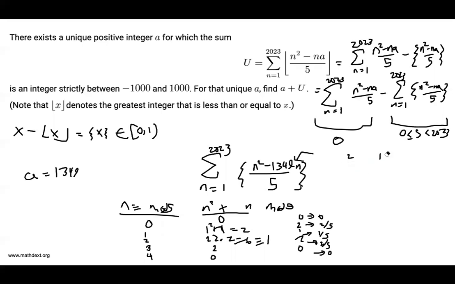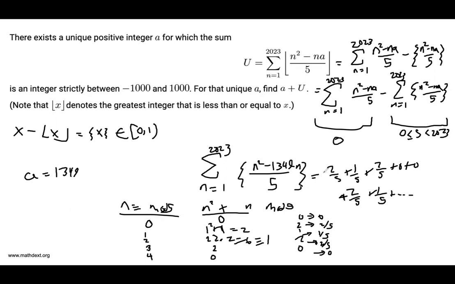And therefore, when you look at this sum, starting from 1, you get 2/5 plus 1/5 plus 2/5 plus 0 plus 0 plus 2/5, and you can keep going on and on until you get up to 2023. What's our final sum going to be?